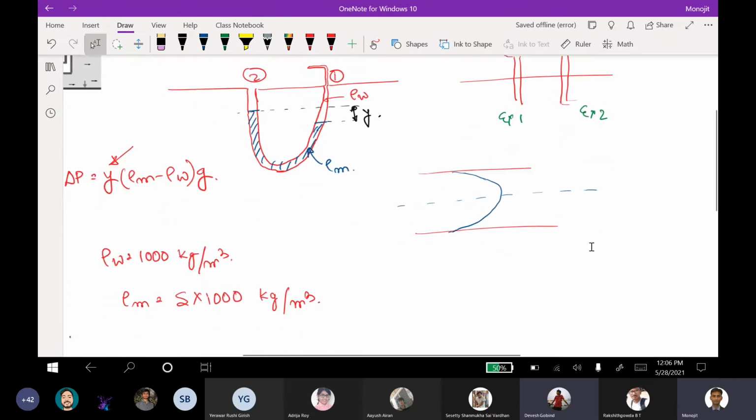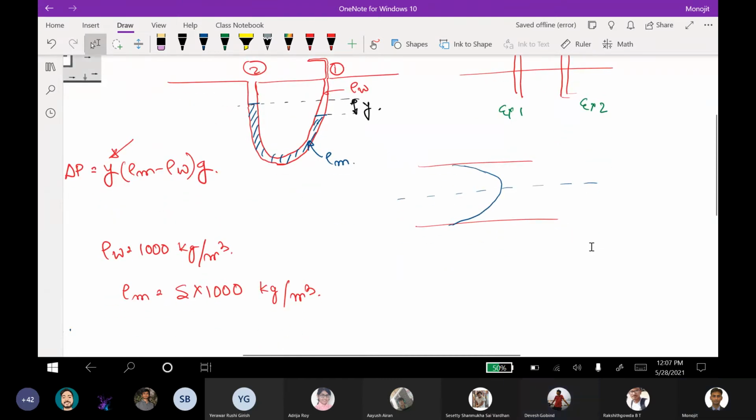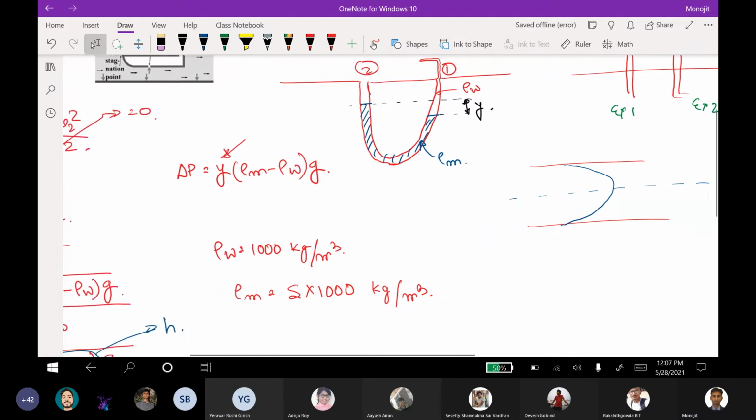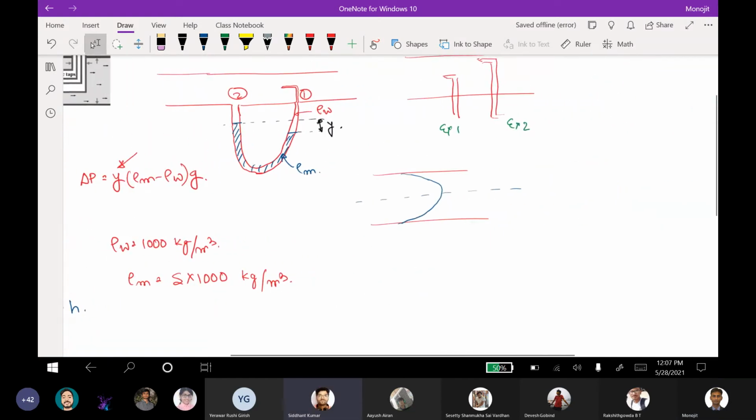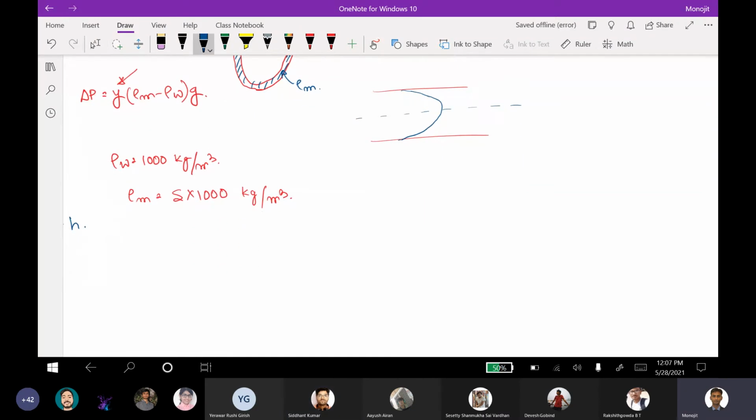When the fluid has viscosity. When the fluid has viscosity, but even if the fluid has viscosity, you may not get exactly this parabolic profile. Fully developed flow? Right, fully developed flow. So if I place the pitot tube, suppose this is your entire pipe and your pipe starts from here.